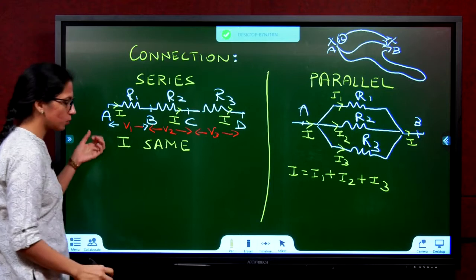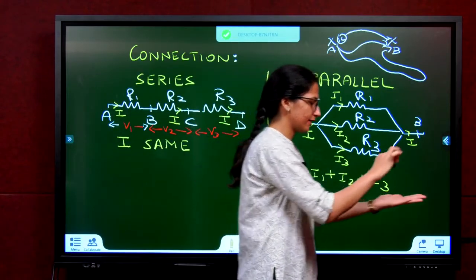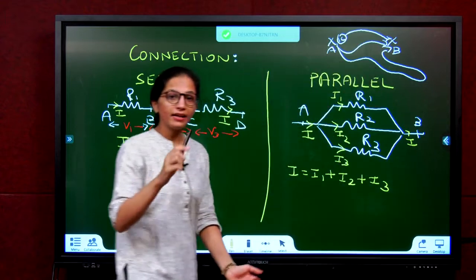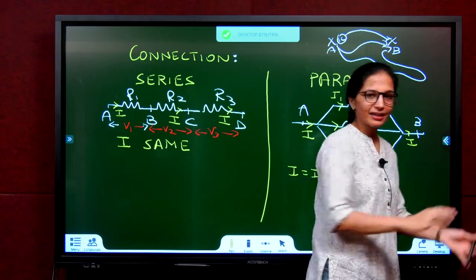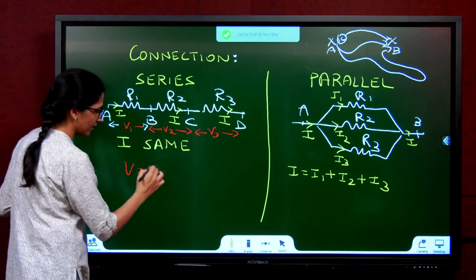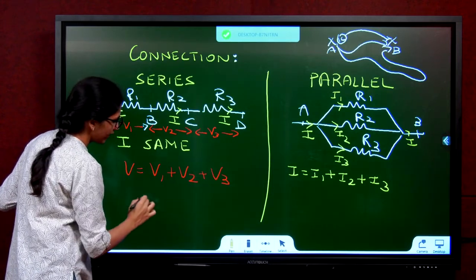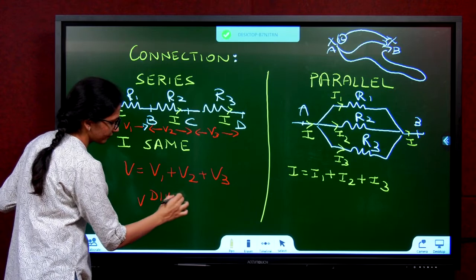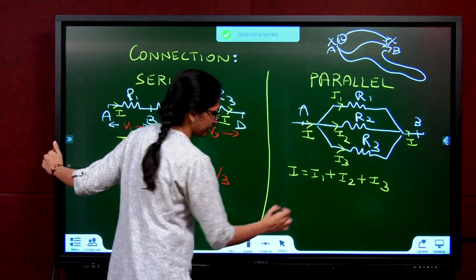If I am doing this much work to carry this pen from here to here and then here to here and then here to here, if I directly transfer from A to D, can I say I can add up all the work? V1 plus V2 plus V3. So, what do we conclude? V divides. Here who divides? I divides.